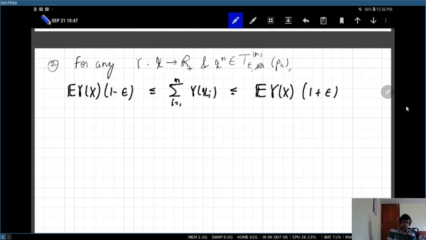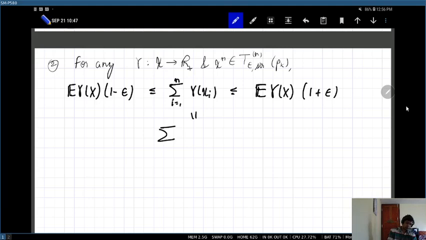So given any positive valued function gamma from the alphabet to R plus, and given any typical sequence xn, so any sequence in the typical set is called a typical sequence, for any typical sequence and any positive function gamma, the sum i going from 1 through n of gamma of xi is always close to the expectation, and the way to see it is the following.